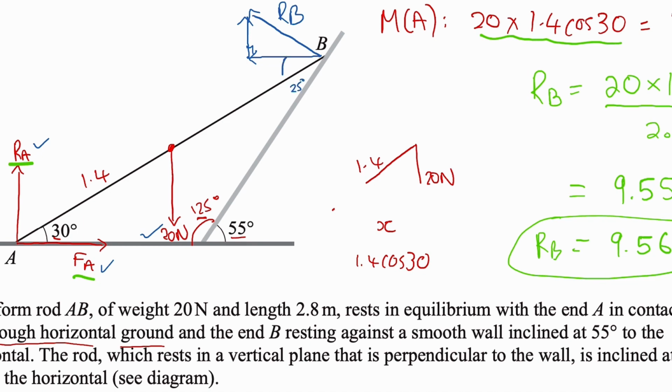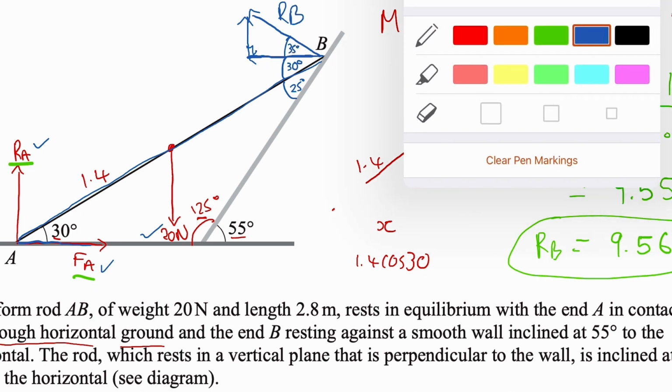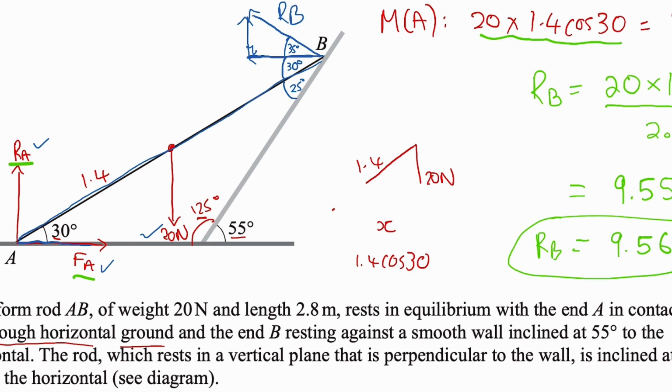This angle in here is actually 30 degrees because we've got alternate angles. And then altogether, the whole thing is a right angle, so this angle here has to be 35 degrees, which means that the vertical component is RB sine 35, and the horizontal component is RB cos 35, in those two directions there.